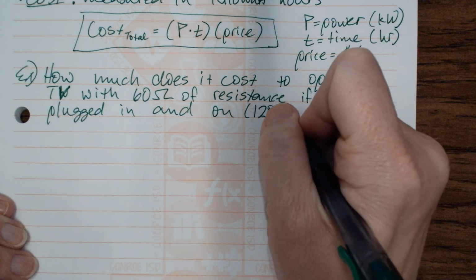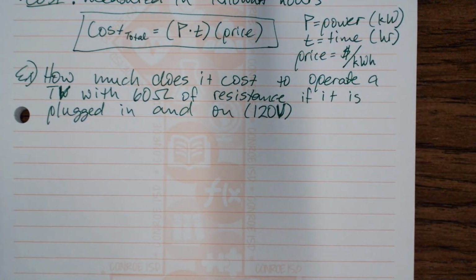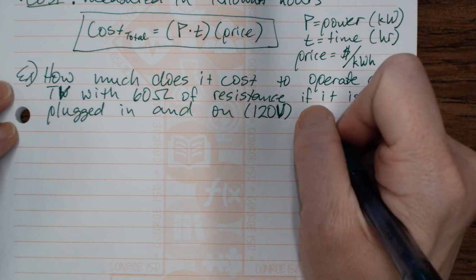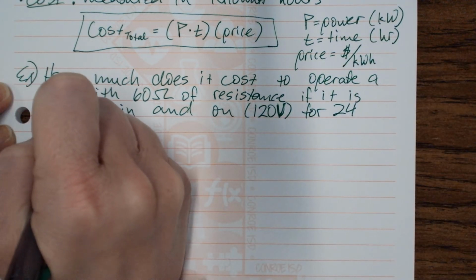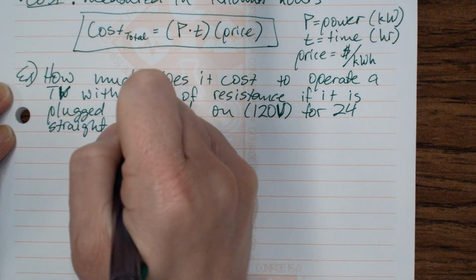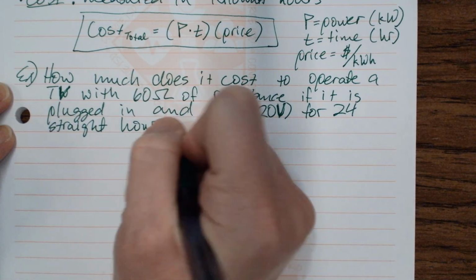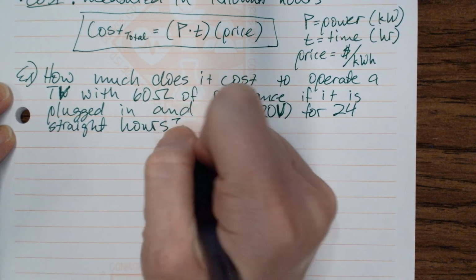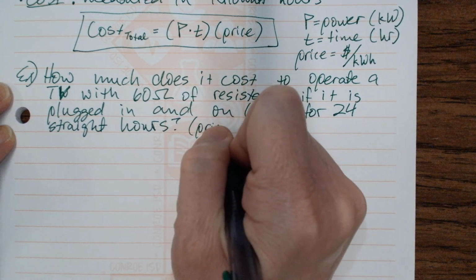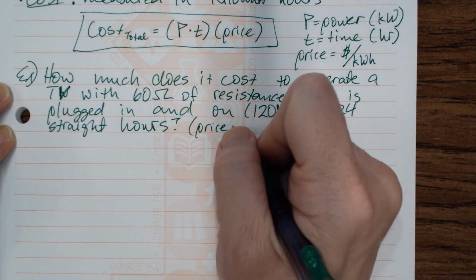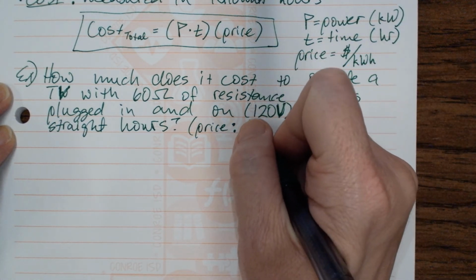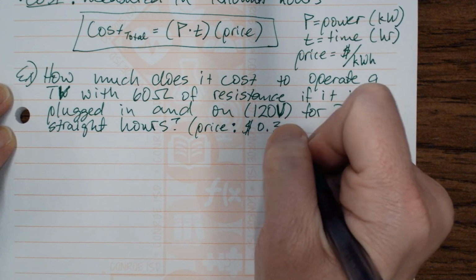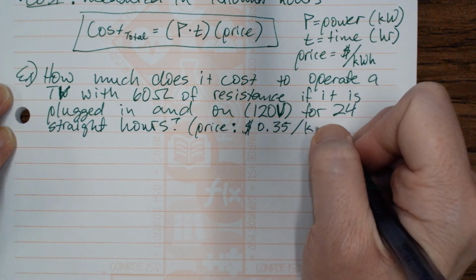That's Americans. We do 120 volts. That's what's supplied to your wall. Okay. For 24 straight hours. All right, and I'd have to tell you that the price of electricity for this particular TV is 35 cents per kilowatt hour.